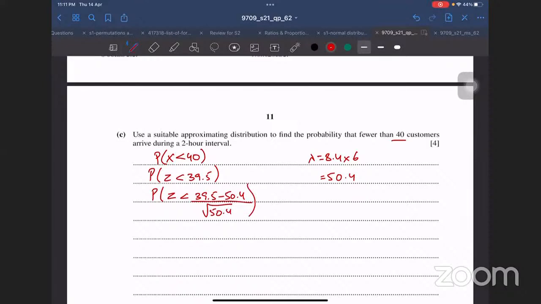39.5 minus 50.4 divided by root of 50.4. I get z less than minus 1.535.